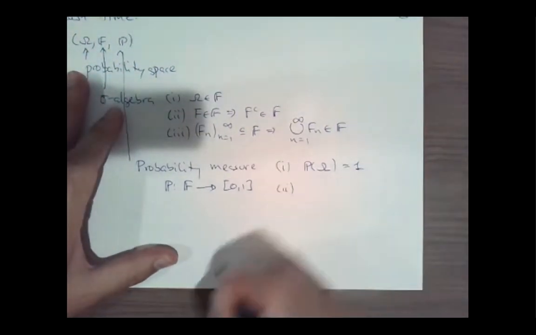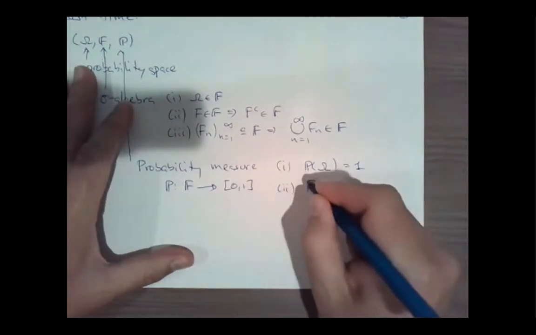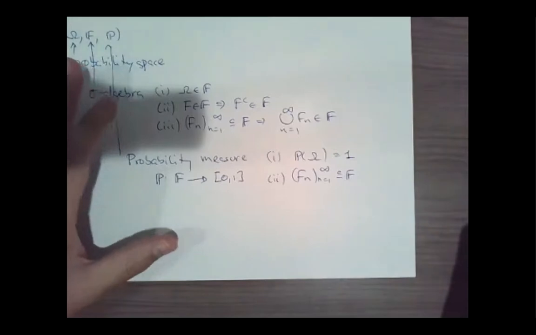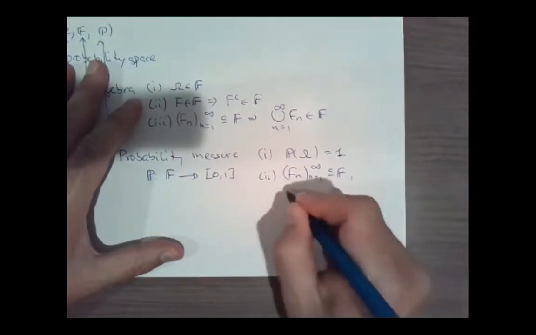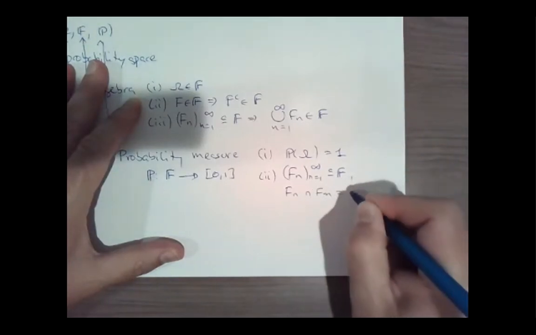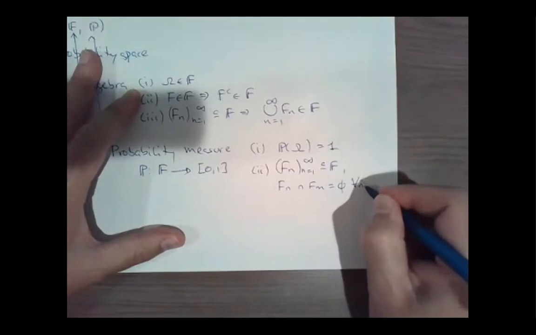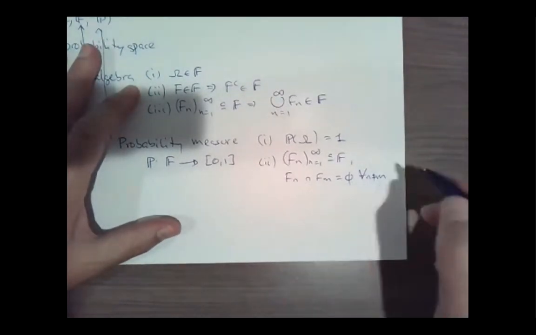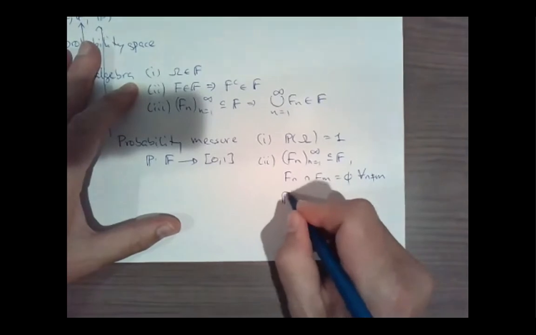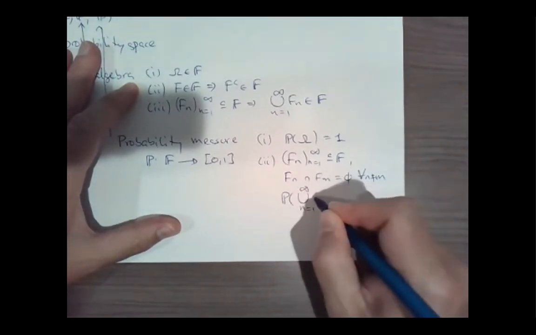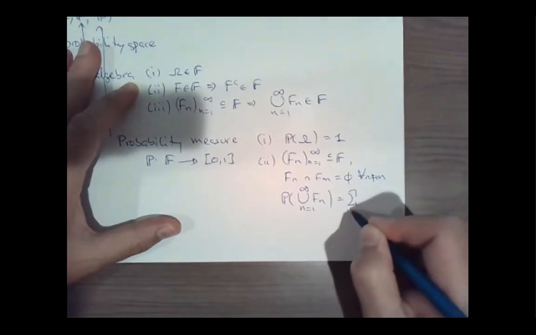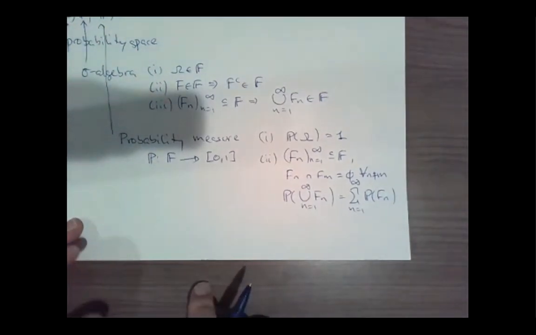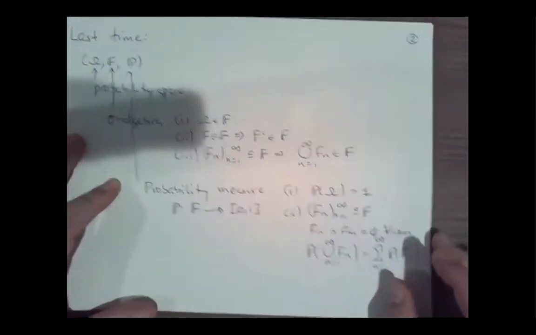The second is that if I take a sequence of measurable sets in the sigma algebra, such that the intersection is empty, so a sequence of disjoint sets, then the probability of the union of these F's is the same as summing the individual probabilities. So these are the three components.